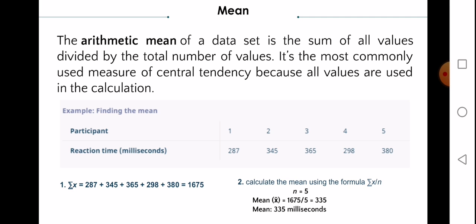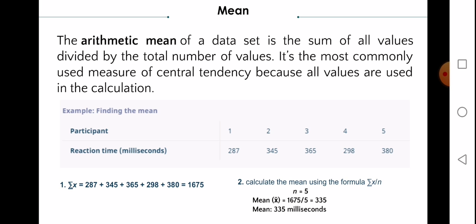Okay, now let's discuss each of the central tendency. The mean of a data set is the sum of all values divided by the total number of values. So it's the most commonly used measure of central tendency because all values are used in the calculation.